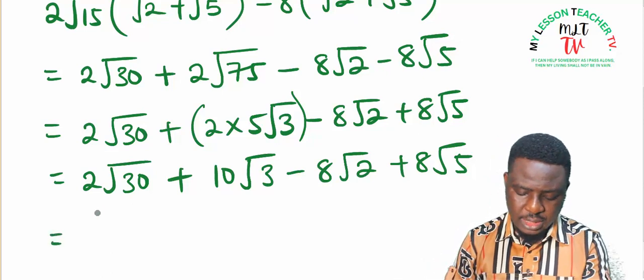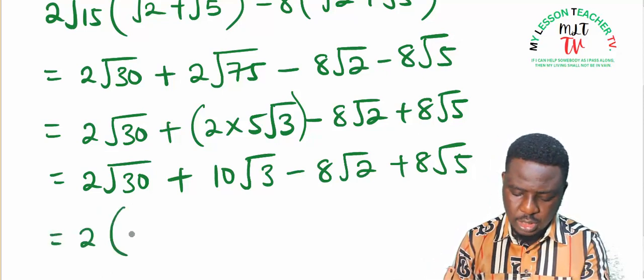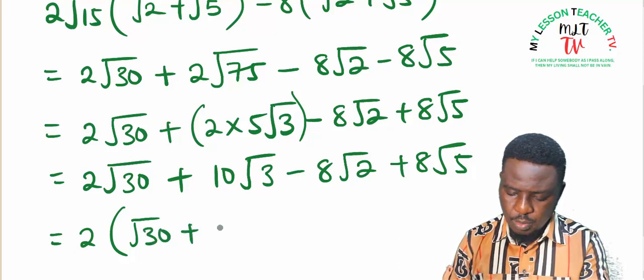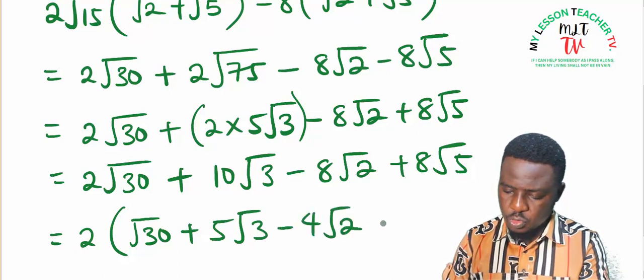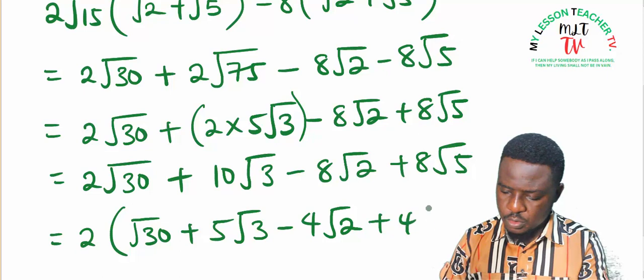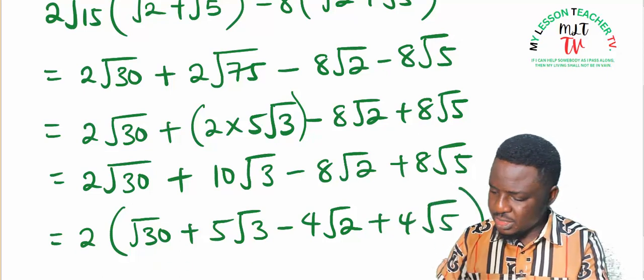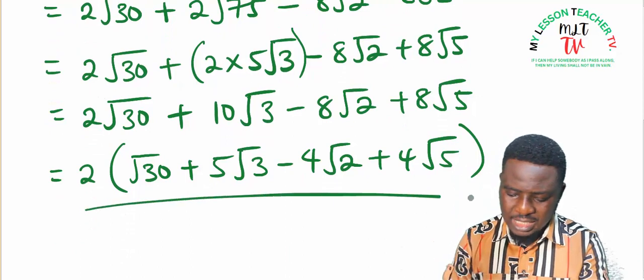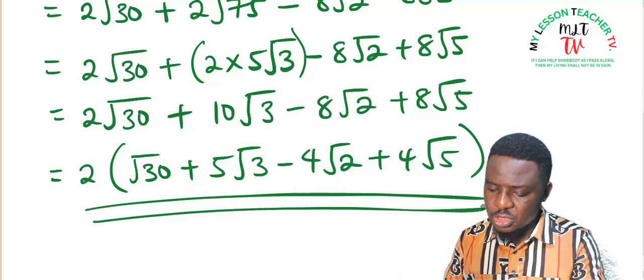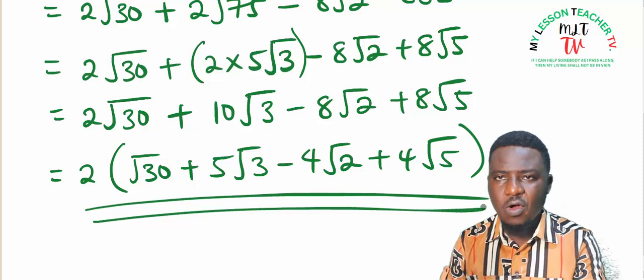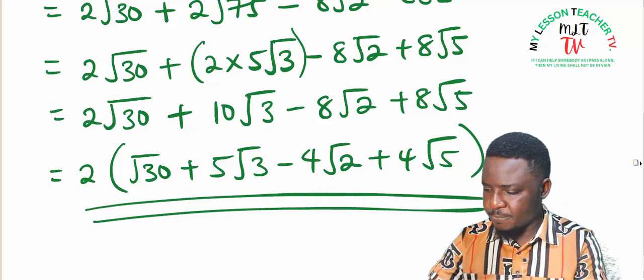And if you do that, you are going to have 2 into root 30 plus 5 root 3 minus 4 root 2 plus 4 root 5. So this is what you will get, as nothing can be done to this. You can't simplify this further. They are all unlike terms.